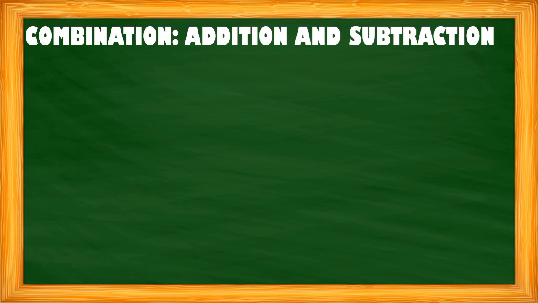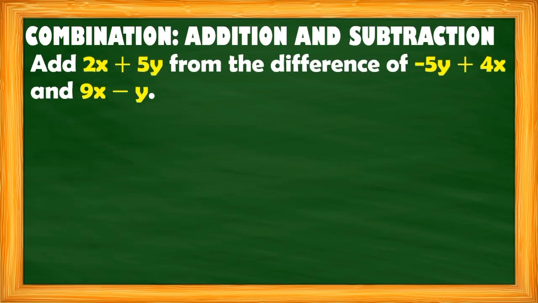So, let's have the combination of addition and subtraction. Add 2x plus 5y from the difference of negative 5y plus 4x and 9x minus y. So, kailangan nating i-add yung 2x plus 5y doon sa difference ng dalawang binomial. So, it means, yun muna yung sasagutin natin. Tsaka na lang natin i-add yung 2x plus 5y.